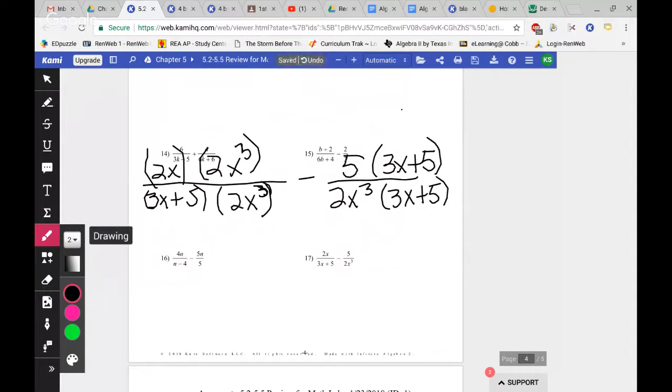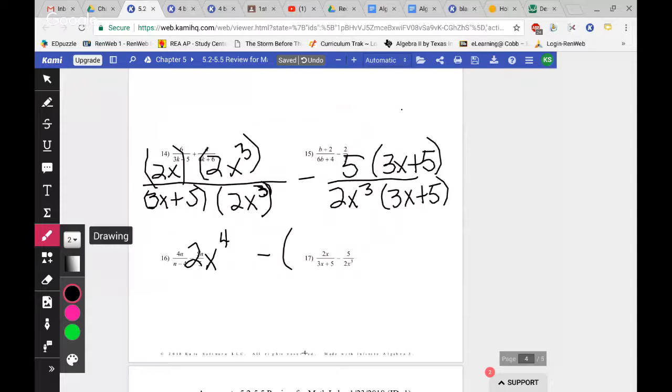So I'm going to go over here and multiply. I've got 2x times 2x cubed, which is going to give me 2x to the 4th. And this minus, well, I'm going to go ahead and do this first. I'm going to distribute my 5 first. You could, if you wanted to, and I don't know what your thoughts are on this, Miss Stone, do a -5 and distribute that to both.